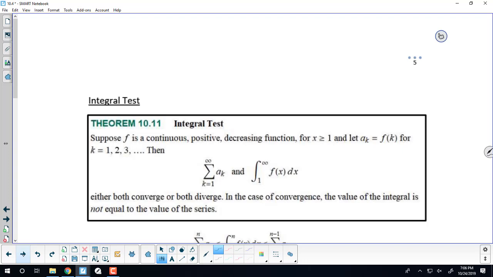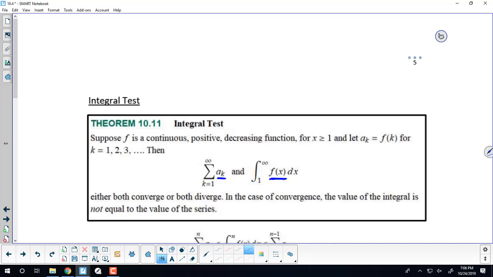So that's our discrete version of the continuous function for 1, 2, 3, etc. Then the infinite sum of a sub k and the integral of f of x dx, and remember this f of x is just this thing here replaced with a k, either both converge or diverge.